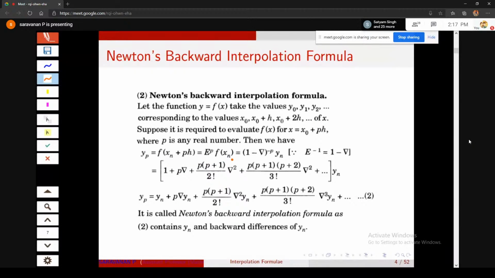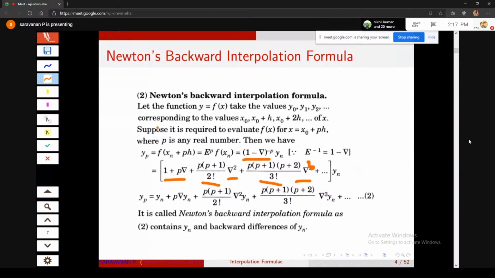But yesterday we derived the relationship between E and del. We know that E inverse equals 1 minus del, or E equals (1 minus del) power minus 1. Therefore, here you will get (1 minus del) power minus p into yn. Now apply the formula for (1 minus x) power minus n. So 1 plus p del plus p(p plus 1) by 2 factorial del square, then this into del cube, etc., of yn.